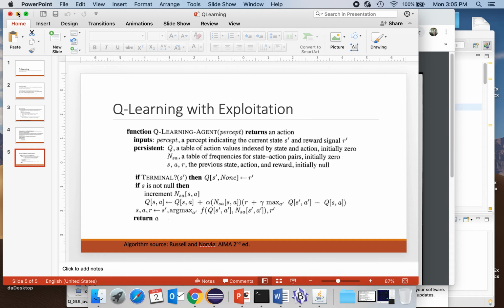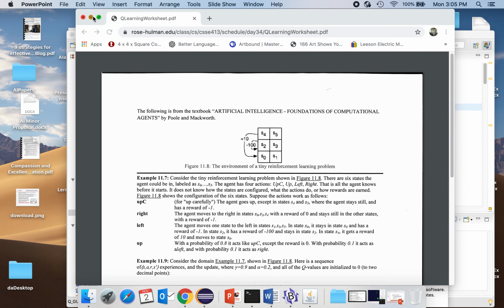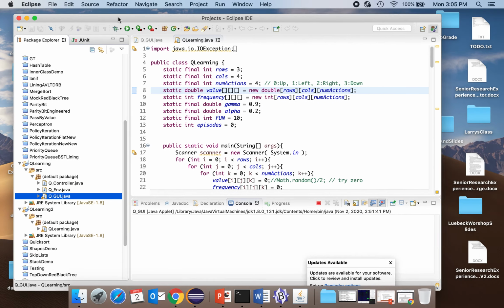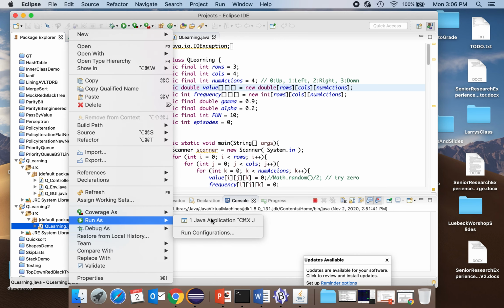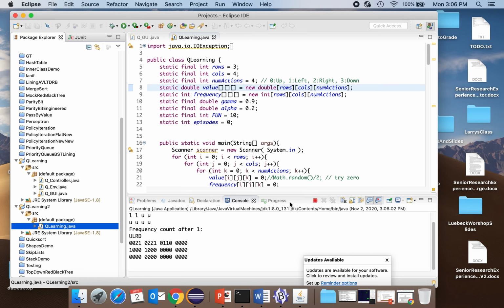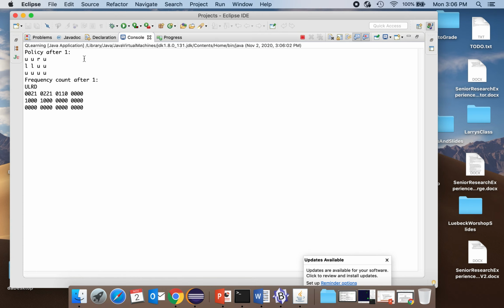So I implemented this, and I briefly want to show that to you. It's not as impressive as the other one. So what I have over here is a policy. Again, it was randomly initialized. I'm sorry, I have a frequency count and I have a policy.